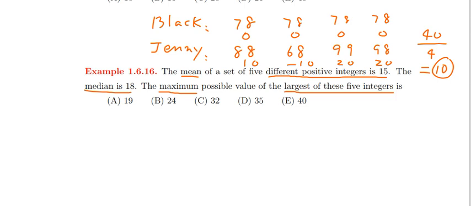We have 5 numbers, and we want to find the largest possible number. So we make those numbers as small as possible. We put 1, then 2, and the median is 18, right?